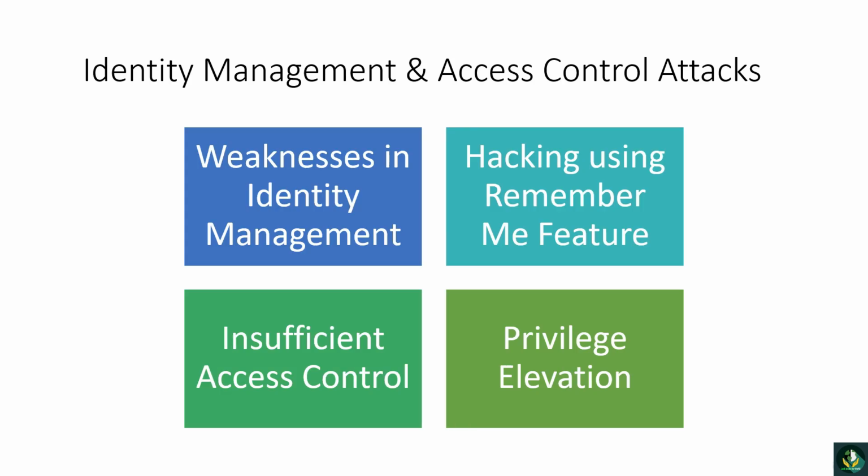And the next part is identity management and access control attacks. In this part we're going to learn the weaknesses in identity management, hacking using the remember me feature, insufficient access control, and privilege elevation.